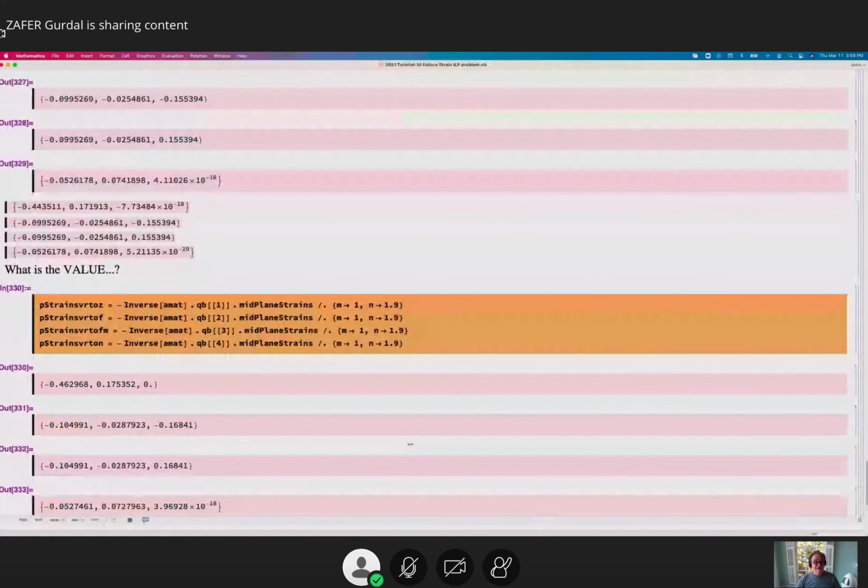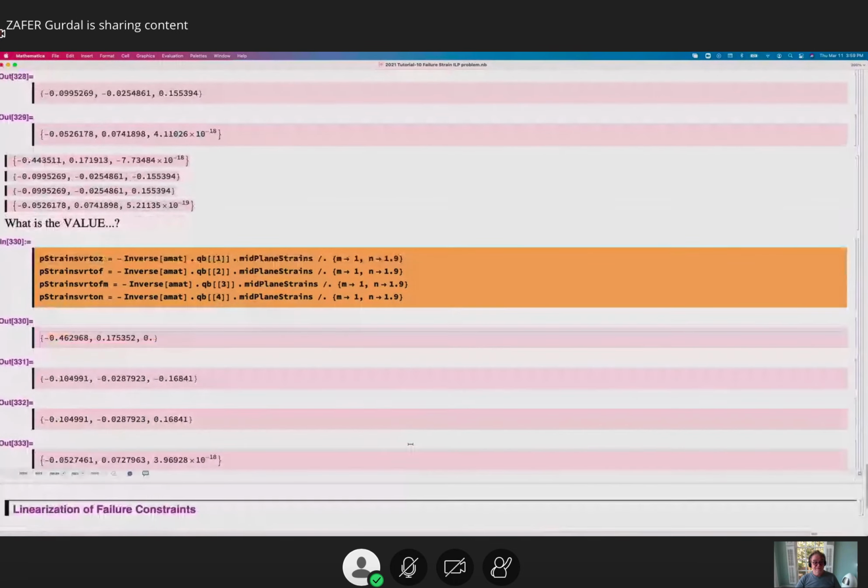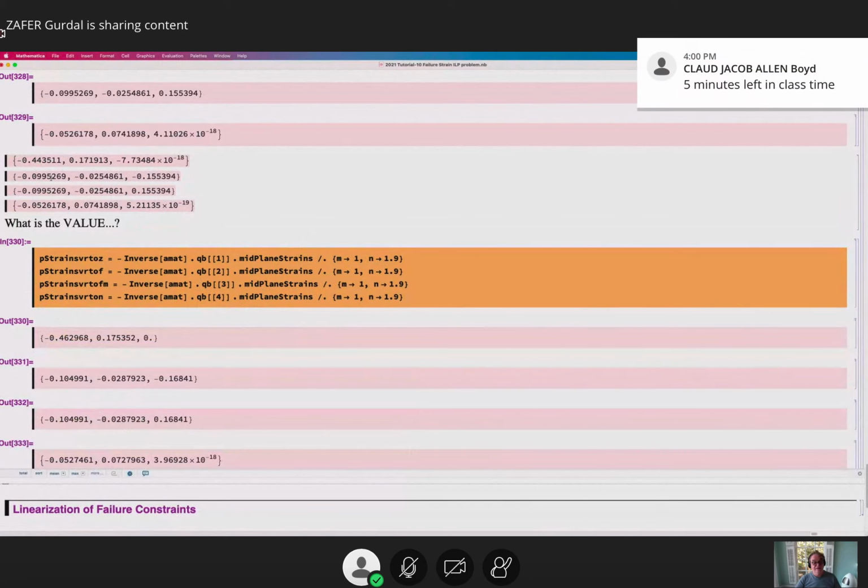Here's the derivative of those with respect to individual ply thicknesses, and for n equals 1.9. It should be somewhat close to these, because this was for 2 and these were for 1.9, and that's the point I wanted to make. It's actually minus 0.44, this is 0.46. This is 0.099.